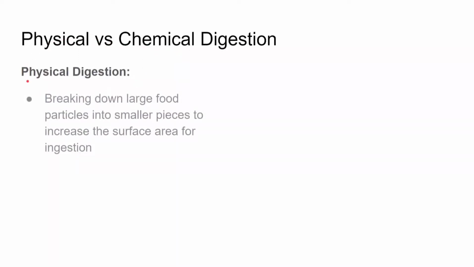We also have to understand the difference between physical and chemical digestion. So first we'll look at physical. Physical digestion is the breaking down of large food particles into smaller pieces to increase the surface area of the food particles for digestion. Increasing the surface area means that more enzymes will be able to act on each piece of food at a given time, so it will be a faster rate of digestion.